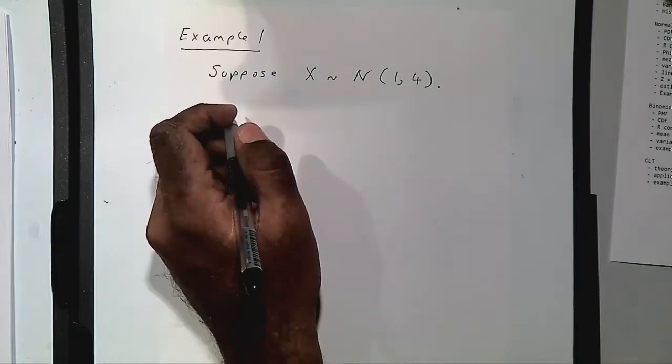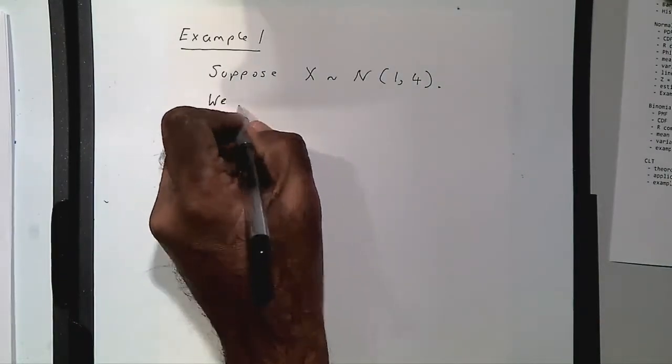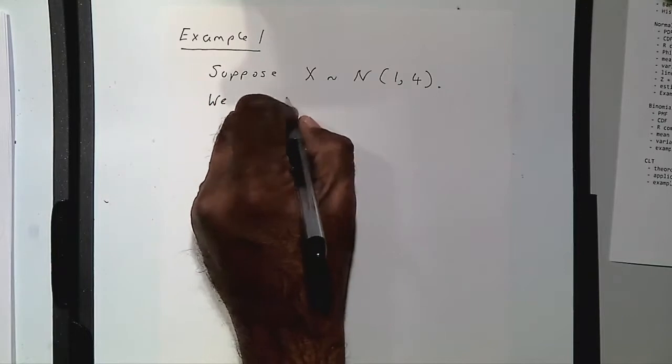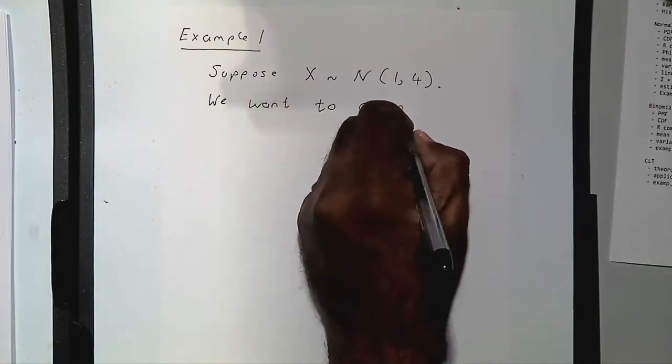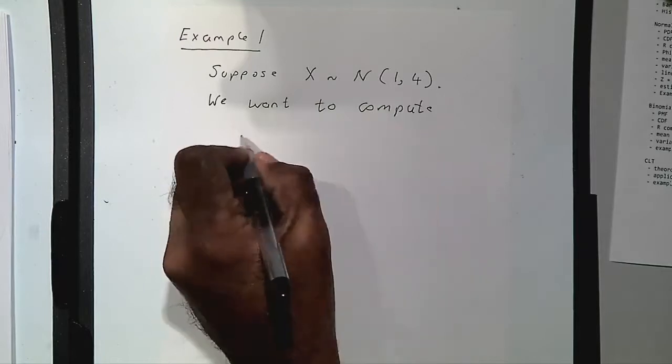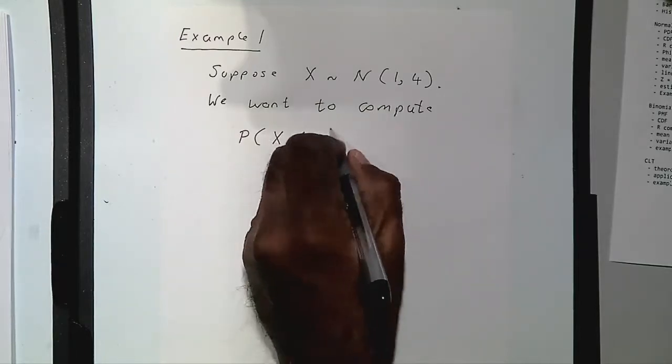And we want to compute the probability, say, X is less than 2.